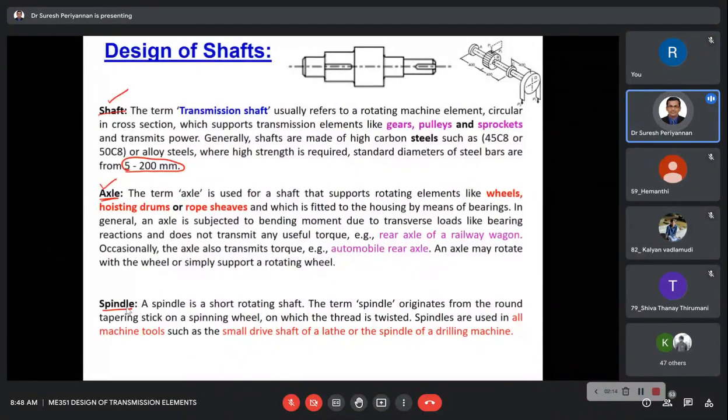The spindle is a rotating component, a small length of shaft with a tapered design, used in machine tools, especially in the lathe machine. These are very important applications you should know. You may expect some questions from this part, for objective or minor questions.